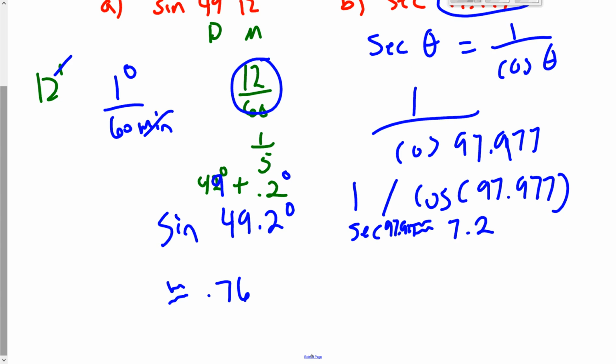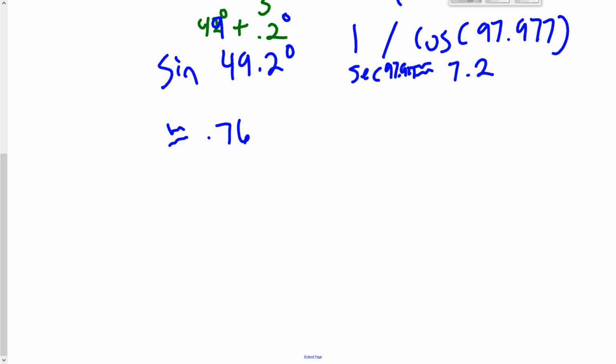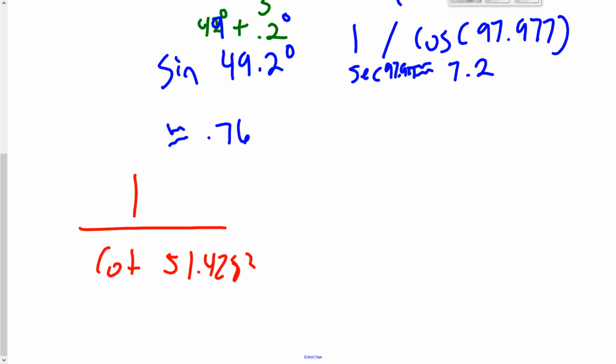Here's another one for you. How about 1 over cotangent of 51.4283 degrees? Cotangent is related to tangent. Tangent of an angle is equal to 1 over cotangent of that same angle.